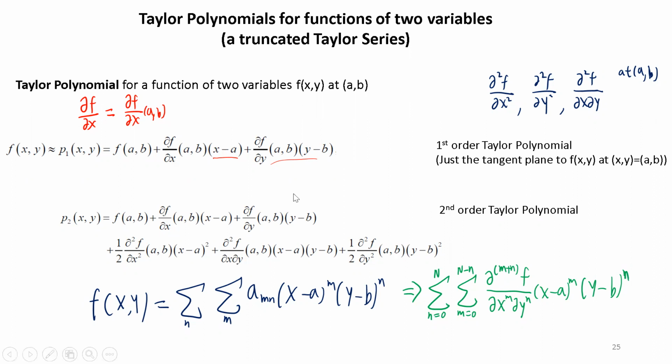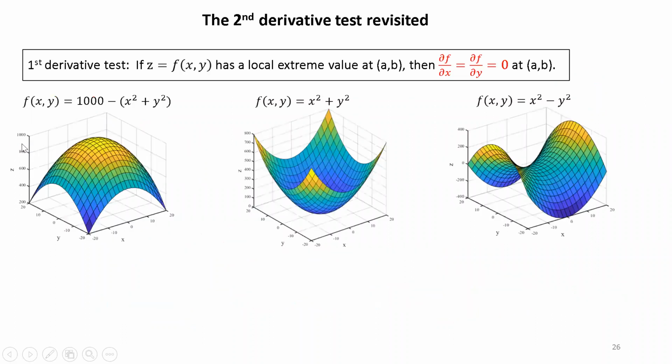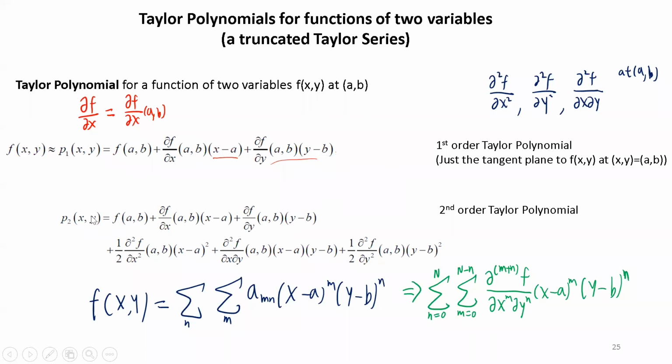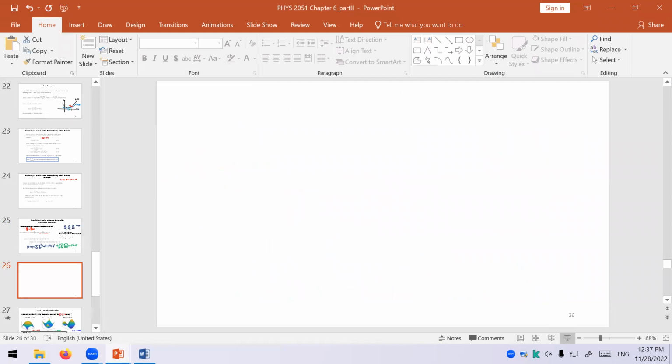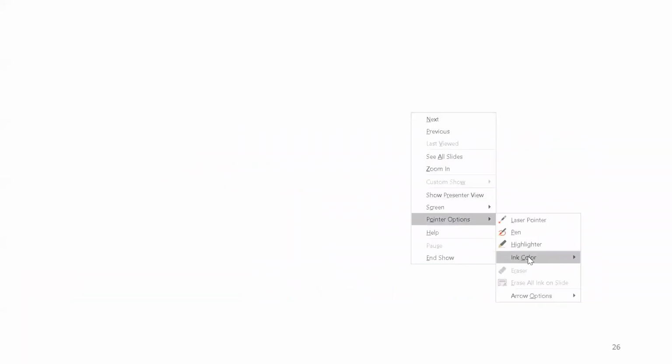Again, let's look at the geometric interpretation of this Taylor polynomial, and why it is close to our actual function f of x, y. Let me draw a picture over here.